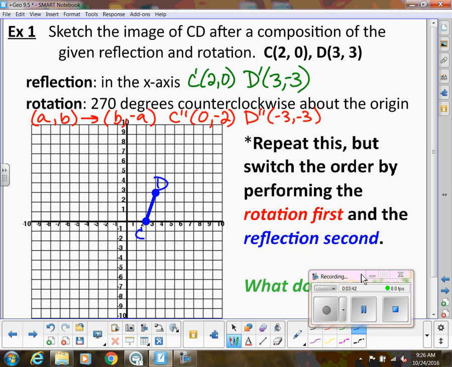So if I do the rotation first, that would mean that from these points, if I follow my rule, my C prime would be (0, -2) and my D prime would be (3, -3). So let me plot those, (0, -2) and (3, -3).